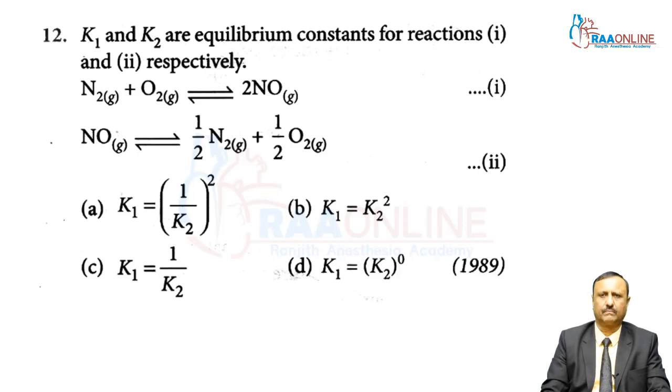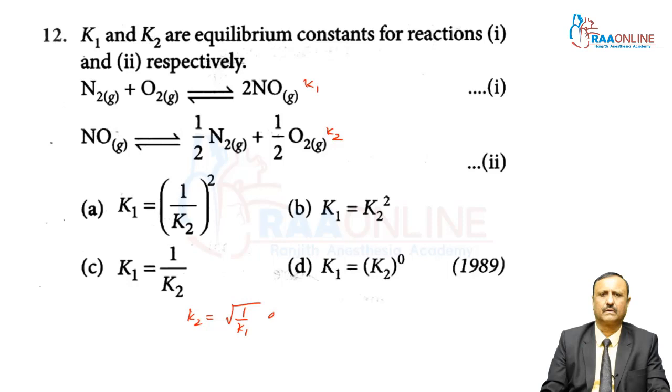K1 and K2 are equilibrium constants for reactions 1 and 2 respectively. Then we can see which relationships between K1 and K2 are correct. Here this is K1 and this is K2. My dear students, this is a reverse, so 1 upon K2 is equal to 1 upon K1, and with the half, K2 is equal to root of 1 upon K1.